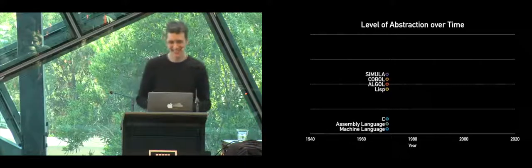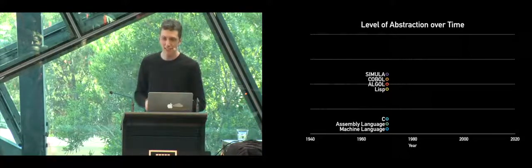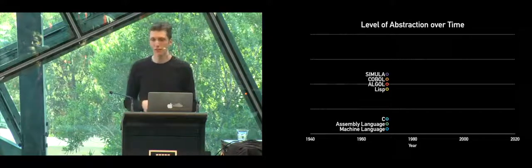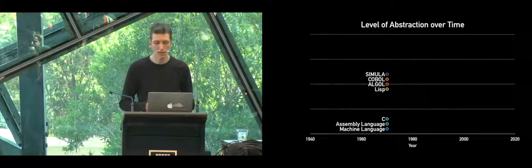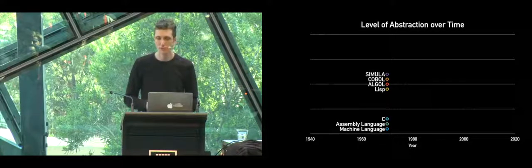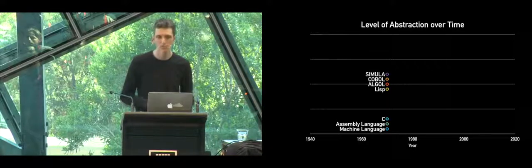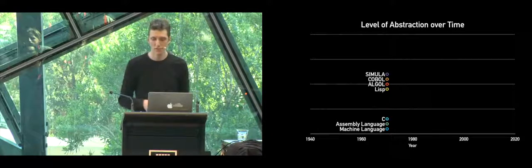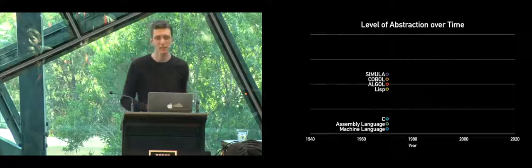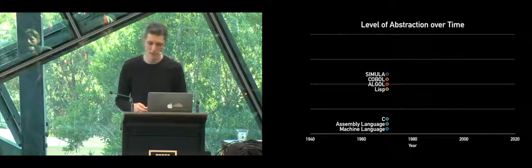Then came C in 1970. And C, I would argue, is a very low-level language. It's basically one level above assembly language. It's standardized and abstract across different hardware architectures, portable across different hardware architectures as long as there's a C compiler. It doesn't have anything specific about the architecture encoded into the language the way assembly language does.